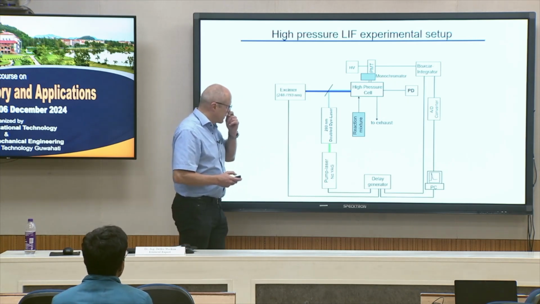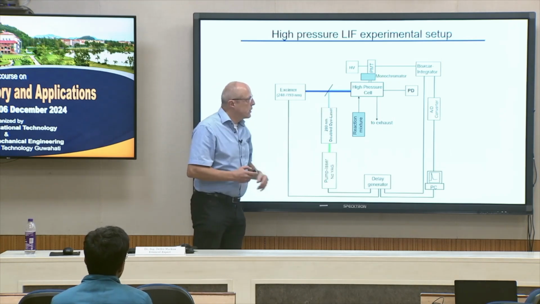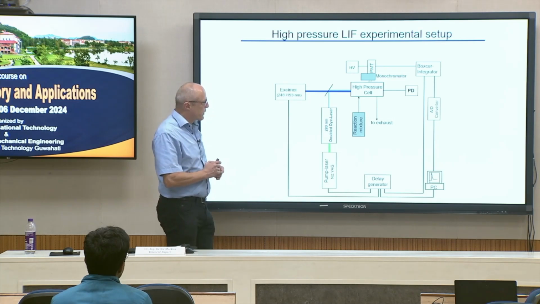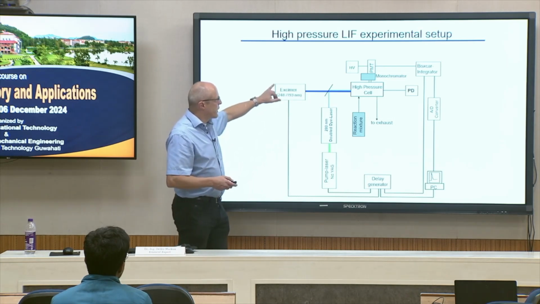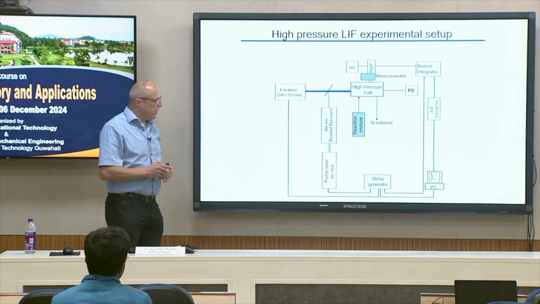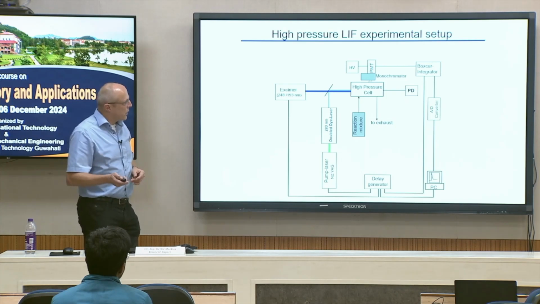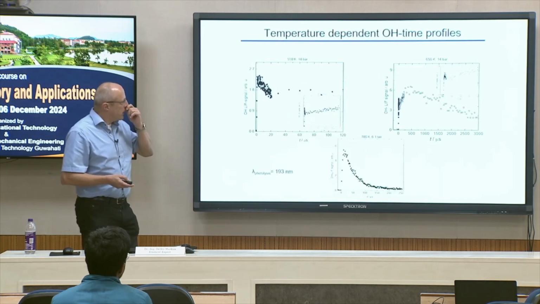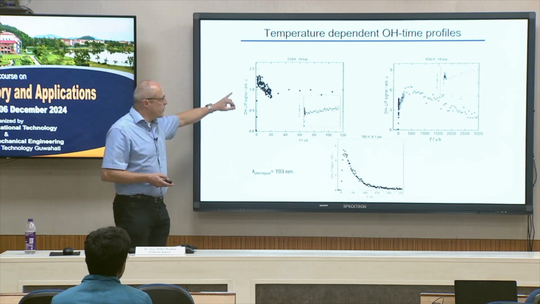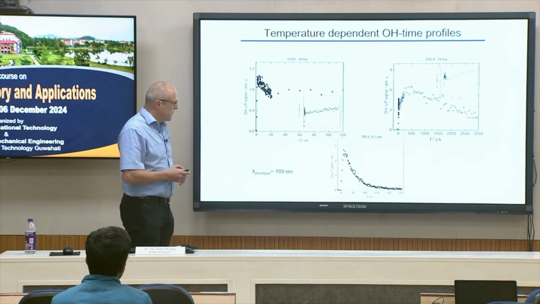We use a near-infrared YAG dye laser system to examine the OH radical, and here we have an excimer laser to initiate the reaction. Again we get time-dependent OH signals.